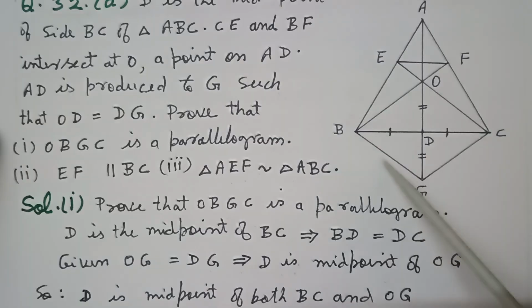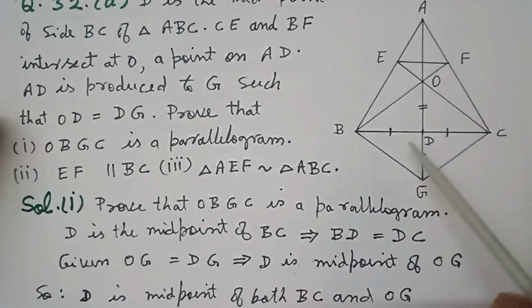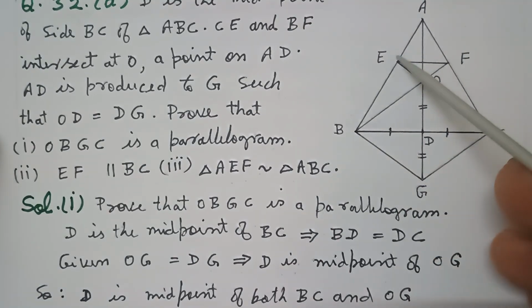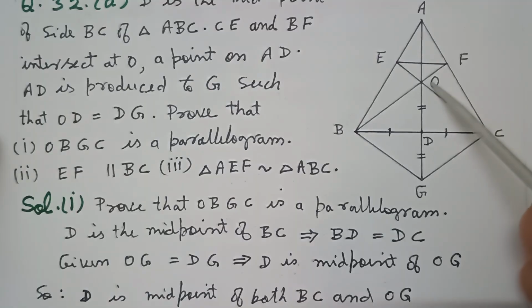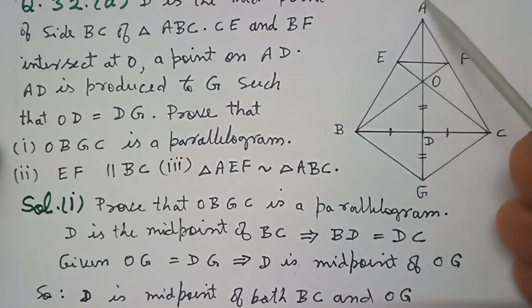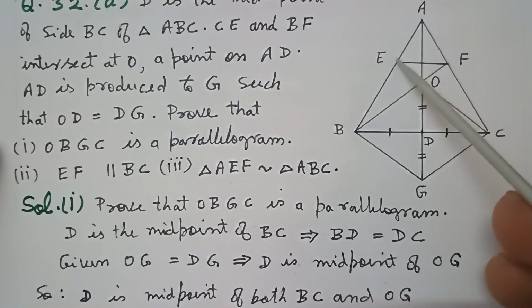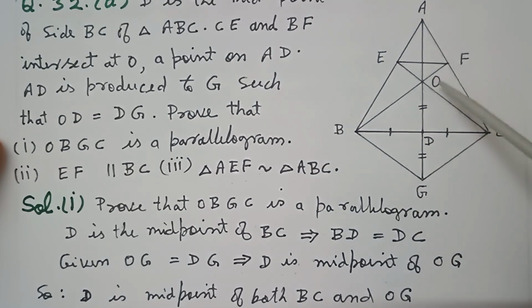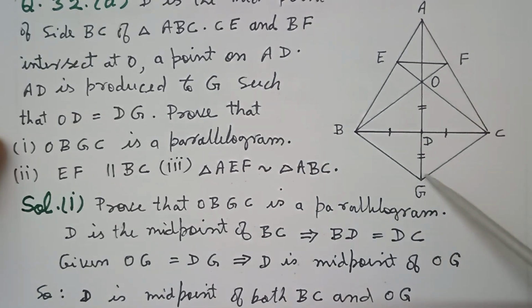Now you see in this triangle, this is the base, and EO is the line parallel to the base. So by the basic proportionality theorem, the ratio of the other two sides, that is AE upon EB, is equal to AO upon OG.